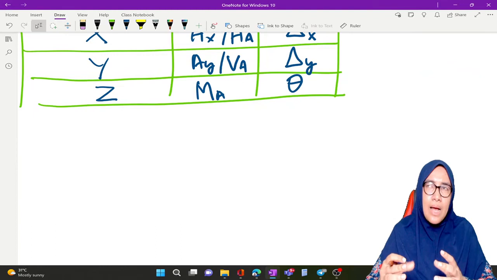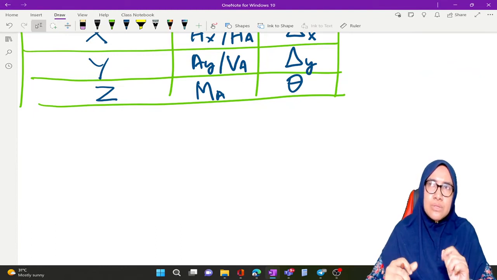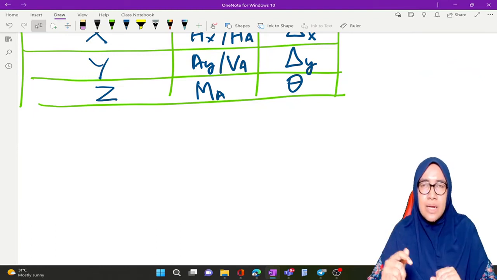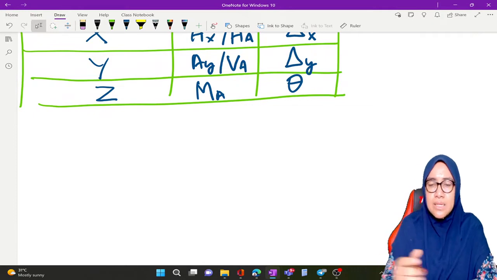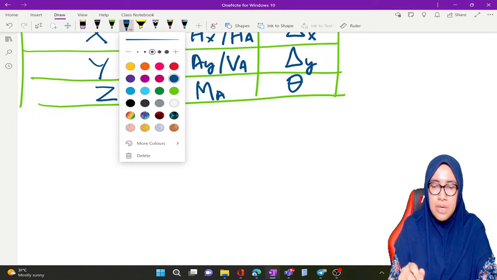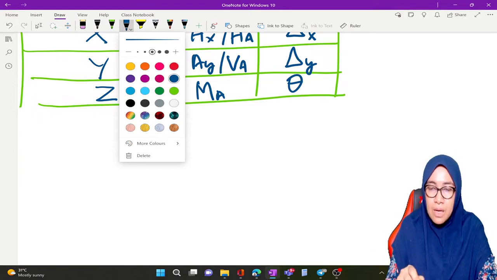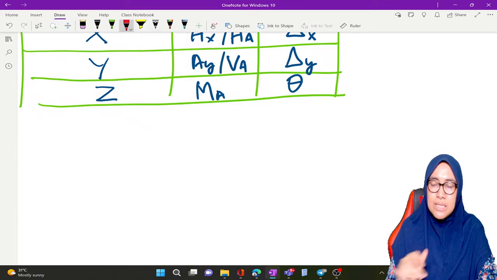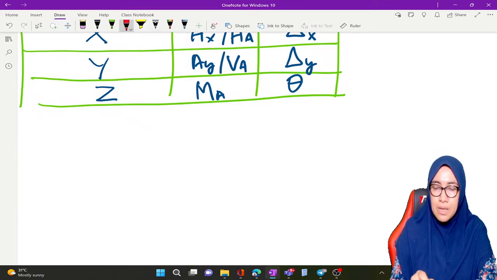So there are three types of support. You have learned about support when you learn structure. We have fixed support like this.